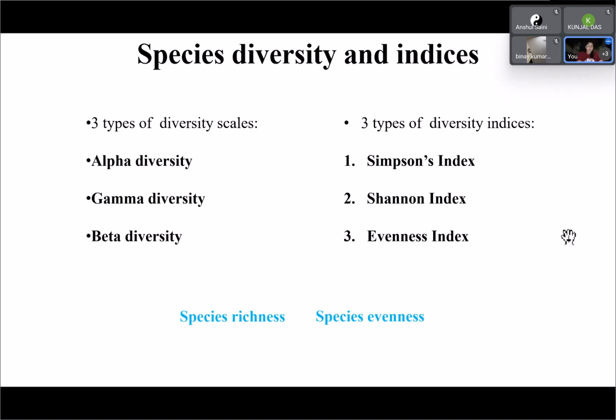Species richness is basically counting the number of species. Let's say there are two land patches A and B. A has 5 different species and B has 4 different species. Just by the number of species, you say that A is very diverse, but that's just the number of species that are present. What about the constituents, or the proportion of each of these species?